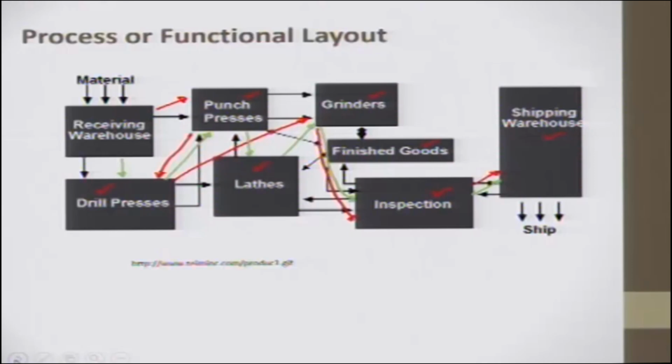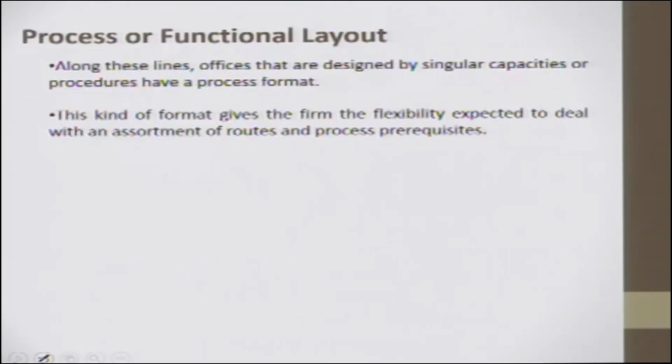So a machine shop could have various other machines, like we have punch press, drill press, lathe, grinders, finished goods, inspection, shipping warehouse, that is the warehouse only. We cannot have hydraulic presses, we can have CNC machines, NC section, CNC section, and certain similar kinds of sections here.